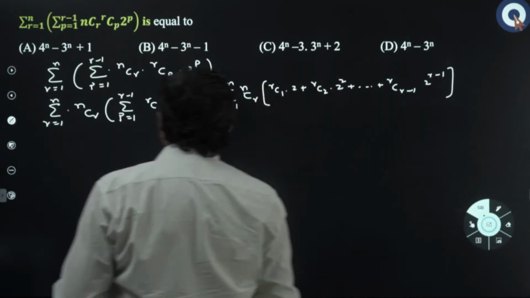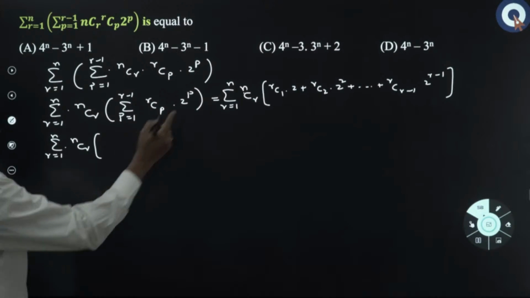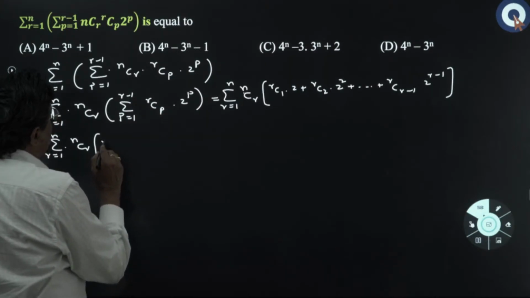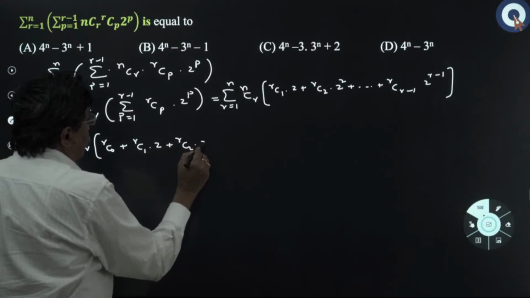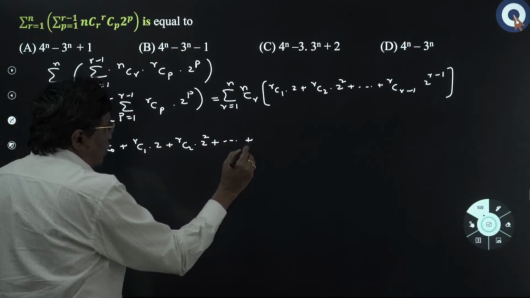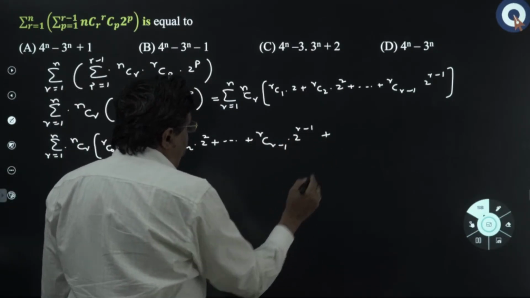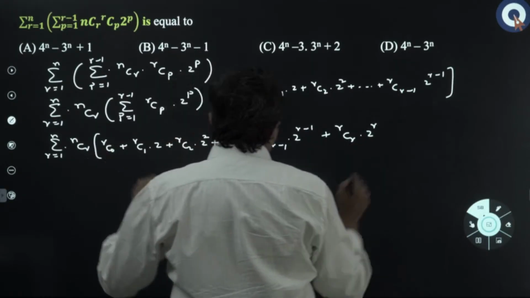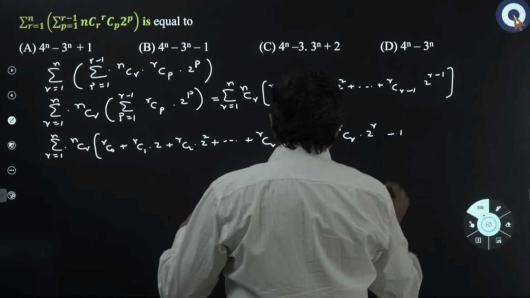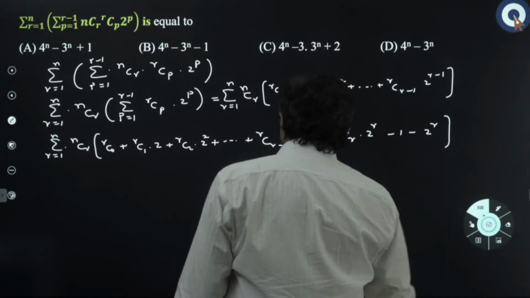So, I will just add RC0 plus RC1 into 2 plus RC2 into 2 square plus so on plus RC(r minus 1) into 2 to the power of r minus 1. I will also add RCR into 2 to the power of r. So, basically I have added RC0, that means I have added 1. So, I will subtract 1. Added RCR into 2 power r. So, I will subtract 2 power r. So, this much I will subtract.